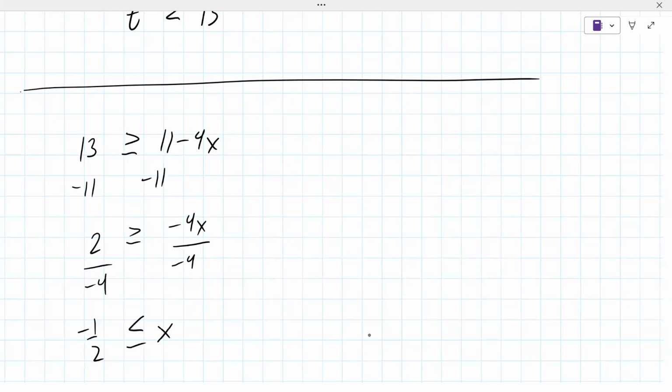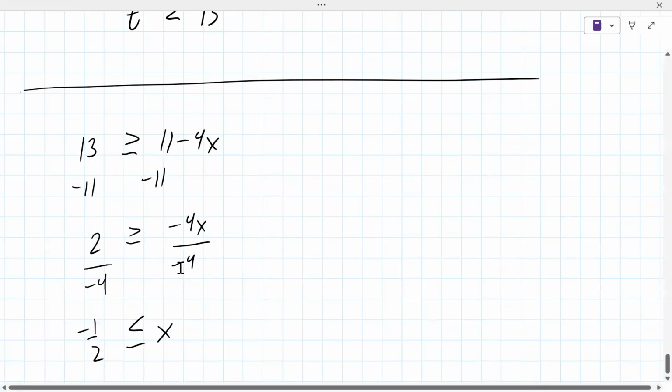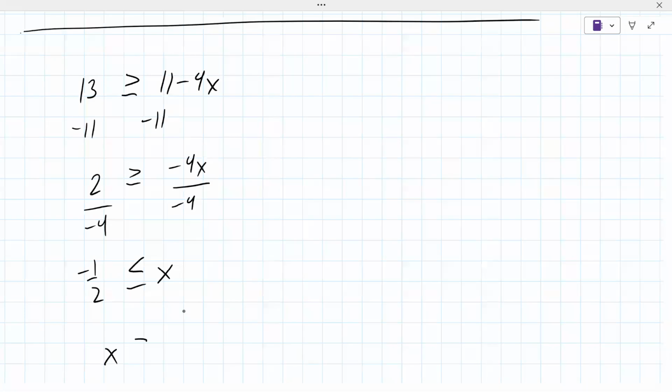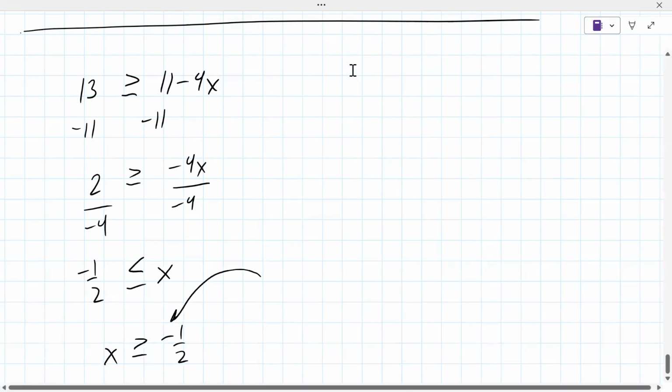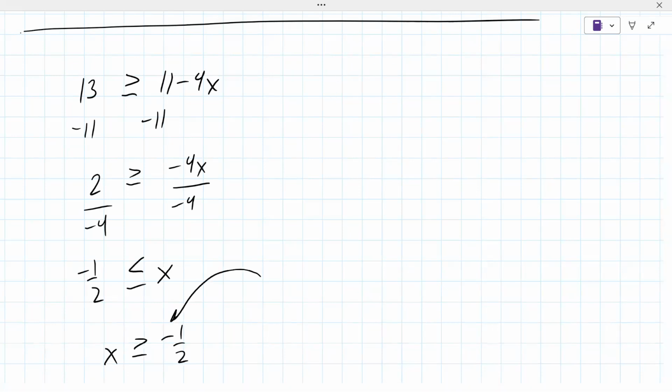I was asking about the sign of the number, so it ends up being that x is greater than or equal to -1/2. I didn't see that the first time, but you missed the sign. Okay, just be very careful. It's very easy to get going the wrong way.